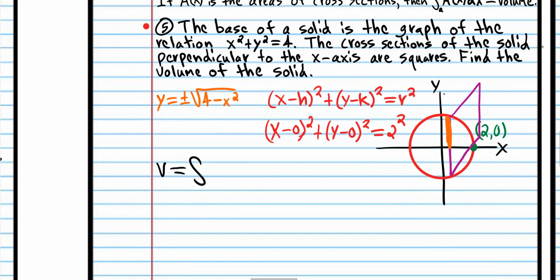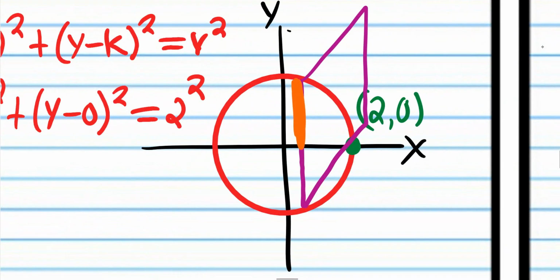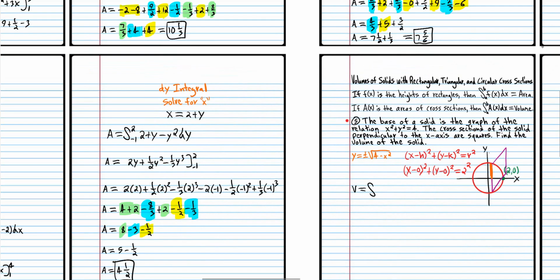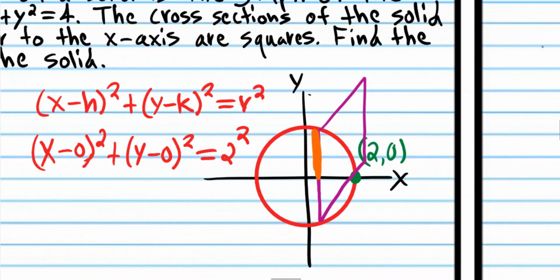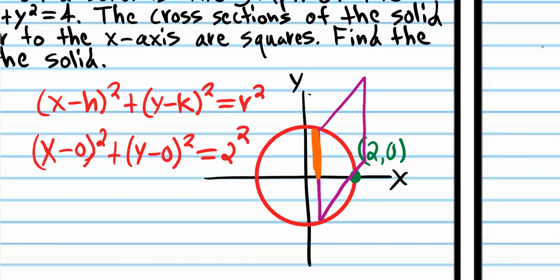All right, so what we're going to do is take this value, which is positive square root of 4 minus x squared, and subtract this pink y value, which is negative square root of 4 minus x squared. And that gives us that overall green length there.